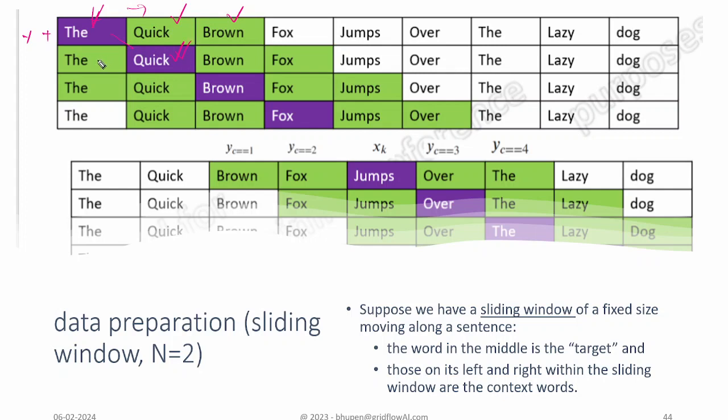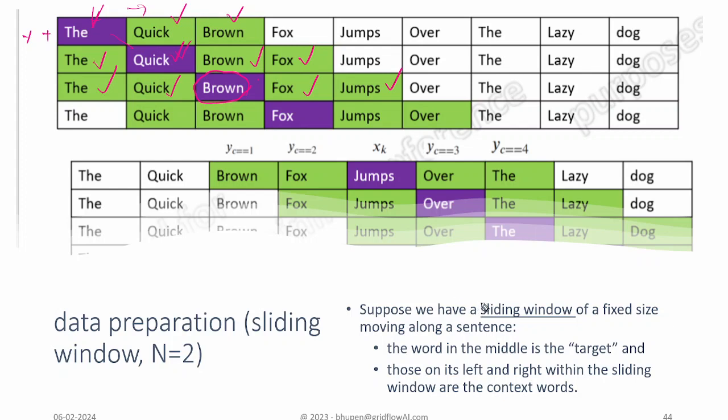Then on the left-hand side you have "the" as the context word, and these two again become the context words on the right-hand side. Then the sliding window moves to the right, and this is the center word, and these two words precede it and these two follow the center word. Now, these are the training pairs that we will be using to train the word2vec model.